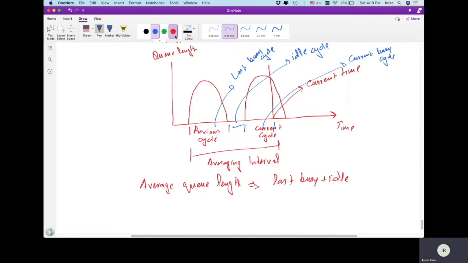Okay, so the average queue length is last busy time plus idle, this free time where we are not sending anything and there are no packets in the queue, plus the current busy cycle. Right.